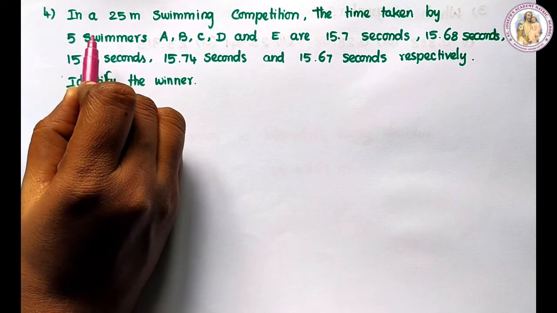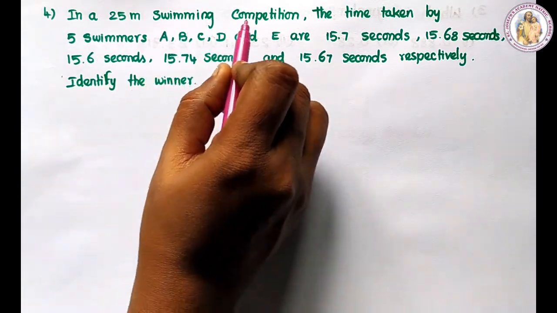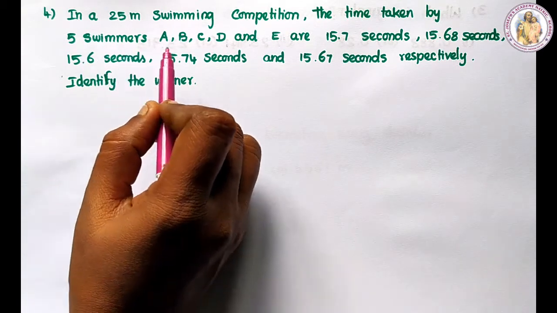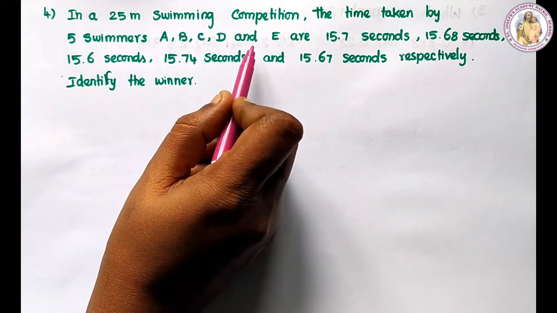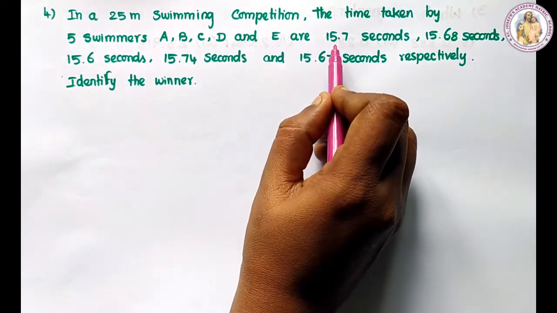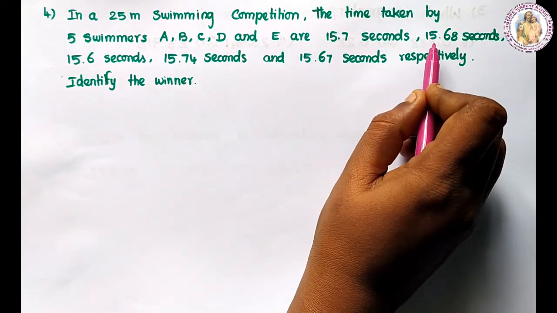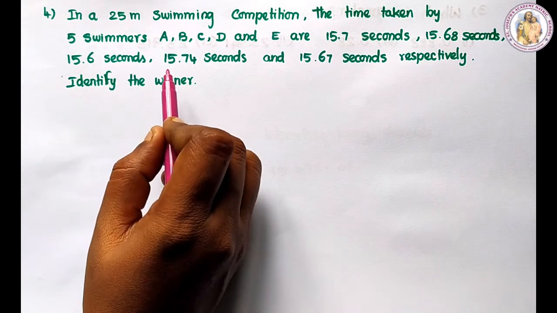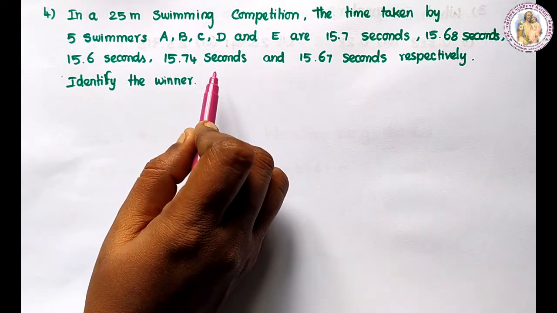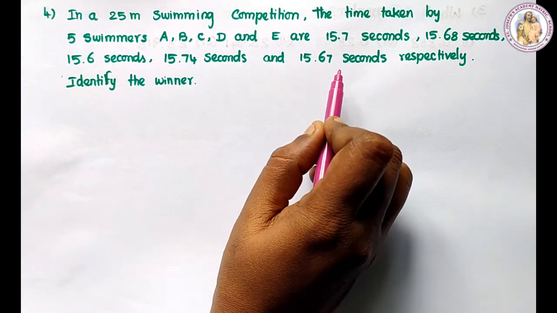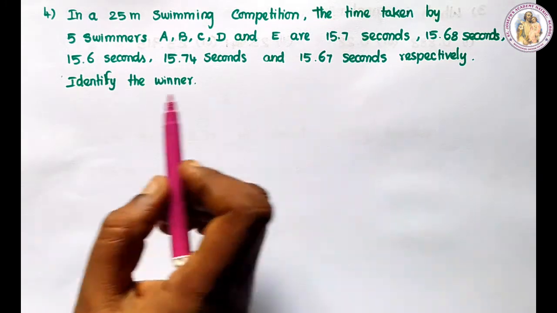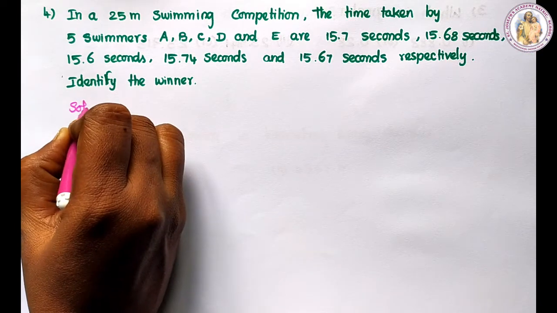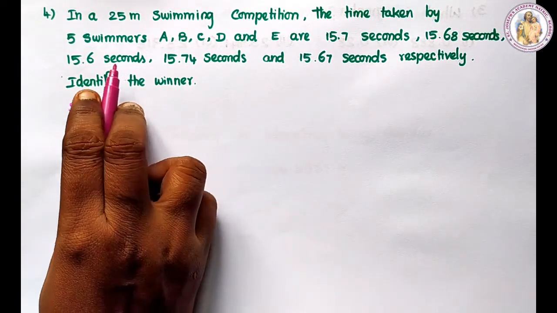Fourth sum. In a 25 meter swimming competition, the time taken by the 5 swimmers A, B, C, D and E are 15.7 seconds, 15.68 seconds, 15.6 seconds, 15.74 seconds and 15.67 seconds respectively. Identify the winner. Listen.